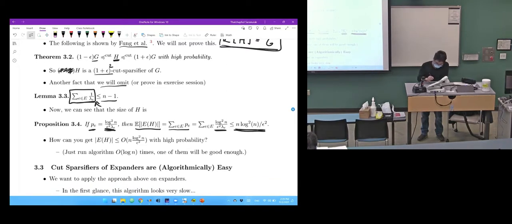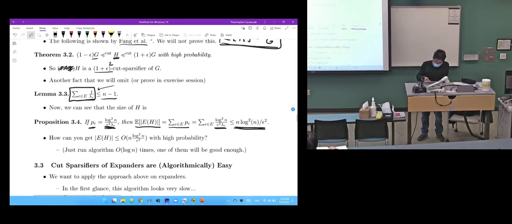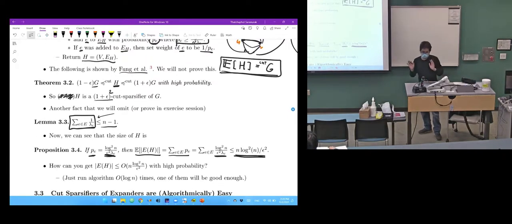Okay. We will not prove this yet, but I hope it's fine. Anyway, this is an algorithm that works. It's a cut sparsifier of small size, with a small number of edges.